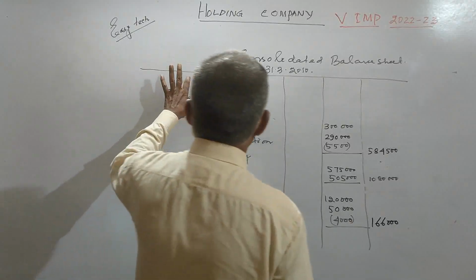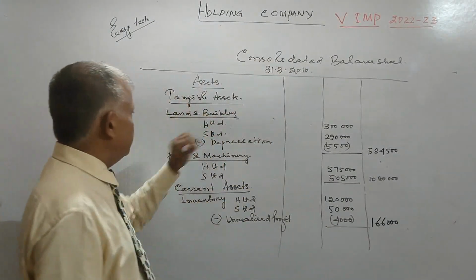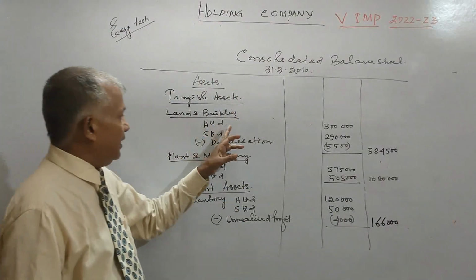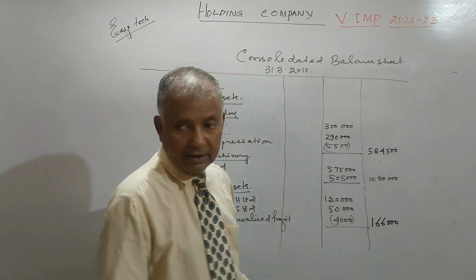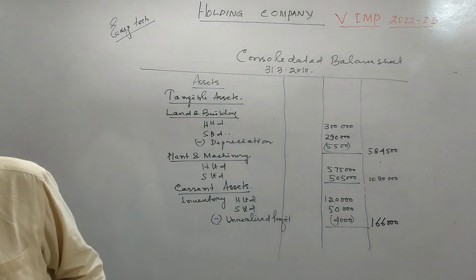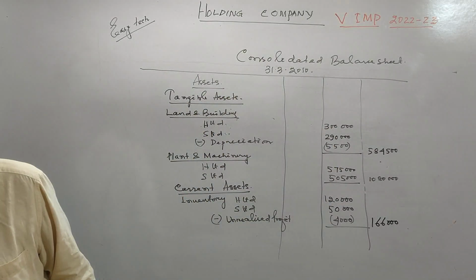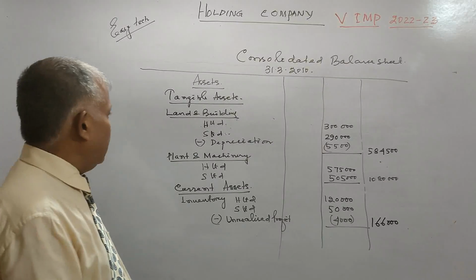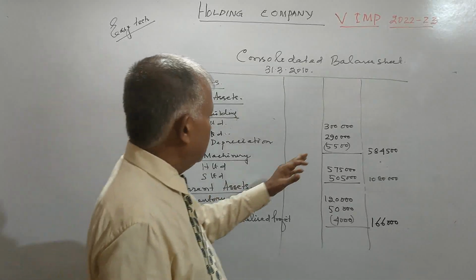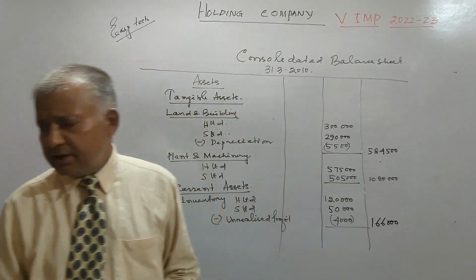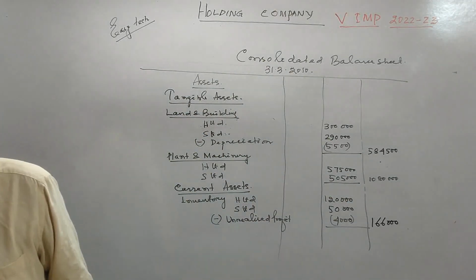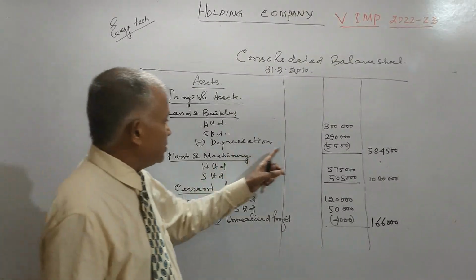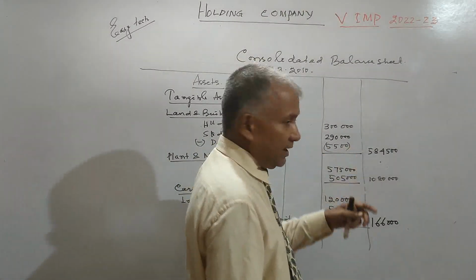So this is your asset, tangible asset, land and building, H Limited. It is in the balance sheet 3 lakh. You can refer this 3 lakh. And in S Limited it is 2,90,000 and depreciation is 5,500.